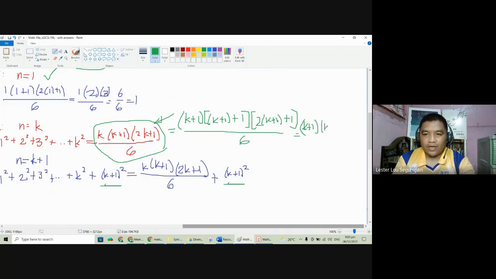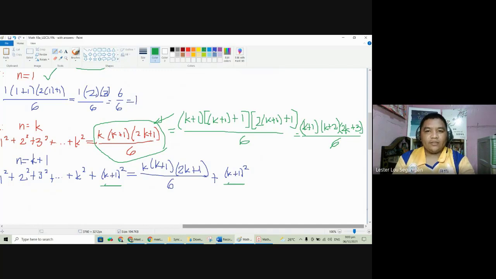In short, you have k plus 2. And then you have this expression here: 2 times k is 2k, 2 times 1 is 2, plus 1. So you have plus 3 all over 6.